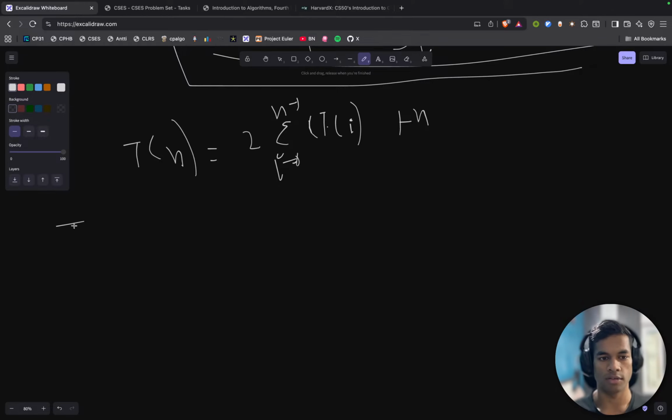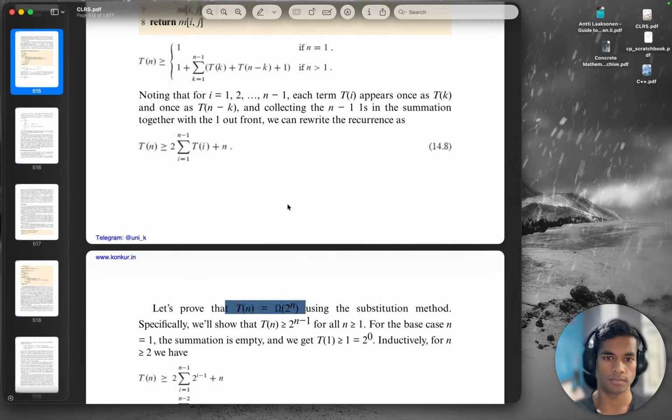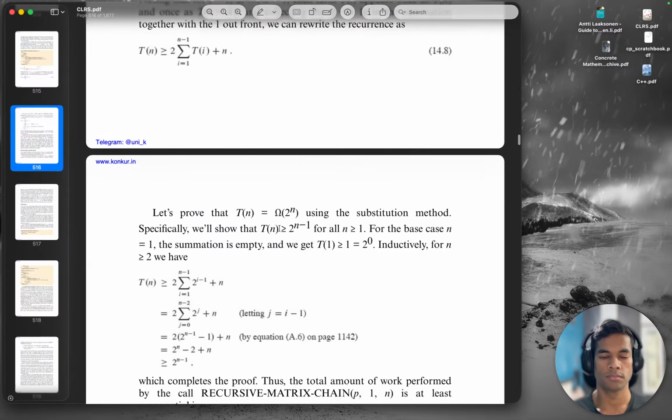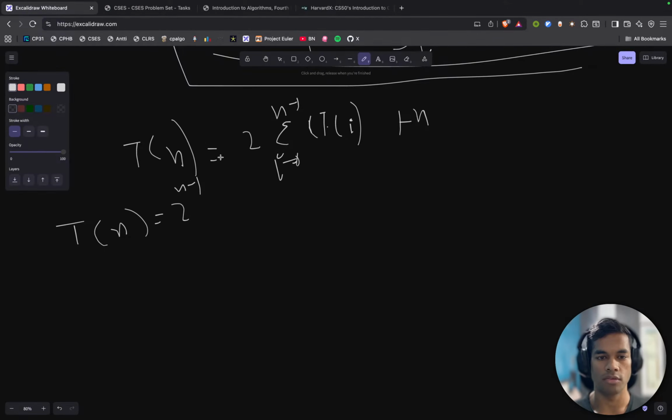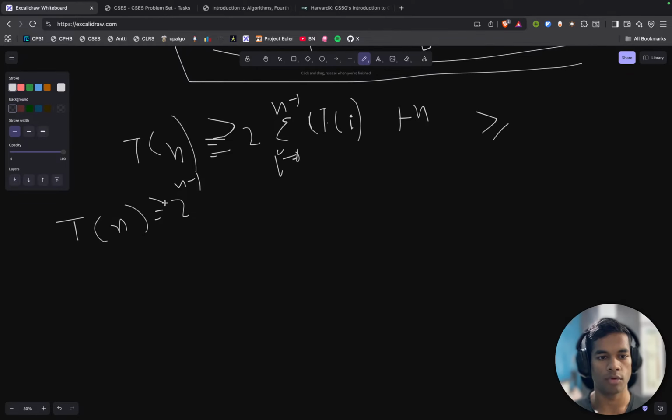And our formula says Tn is greater than or equal to 2 power n minus 1. And the formula that we want to prove is this.